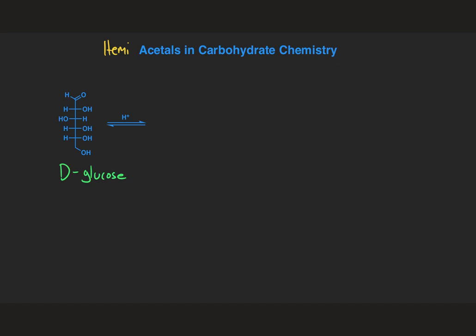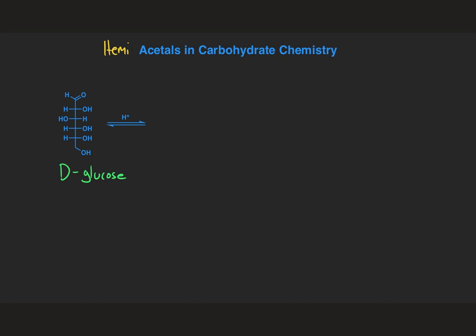If you remember, 6-membered rings have the lowest ring strain, and so glucose will form a 6-membered ring by doing a nucleophilic attack of the aldehyde here with one of the alcohols. The trick is finding which alcohol is going to be reactive towards that aldehyde. And I want to form a 6-membered ring.